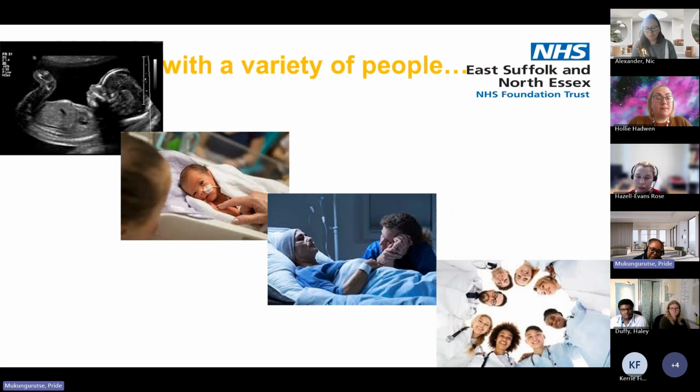I think the Society of Radiographers do say about 90% of patients will require some form of imaging within a hospital. So most patients will come through the radiology department at some point. So we are truly multidisciplinary in what we do, and we support a lot of other services.